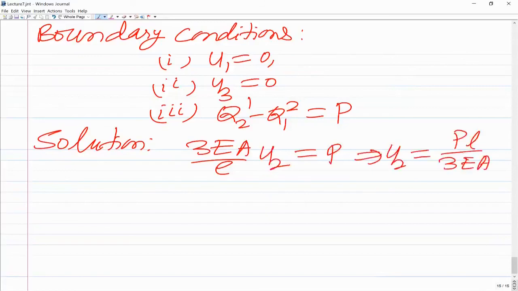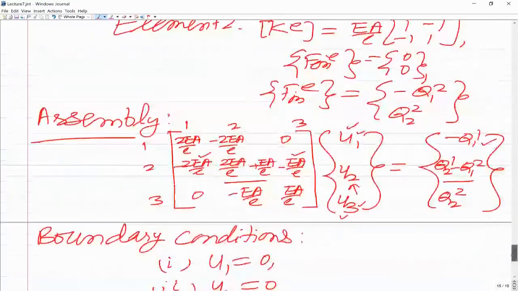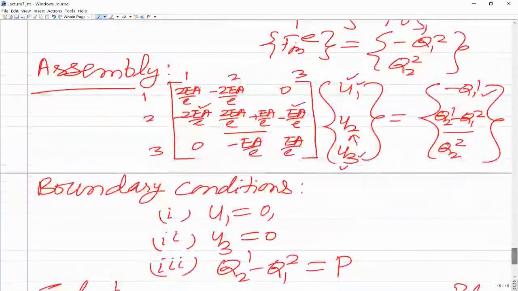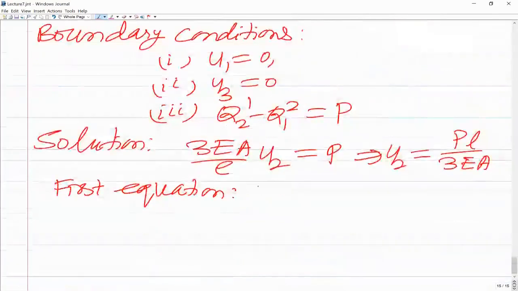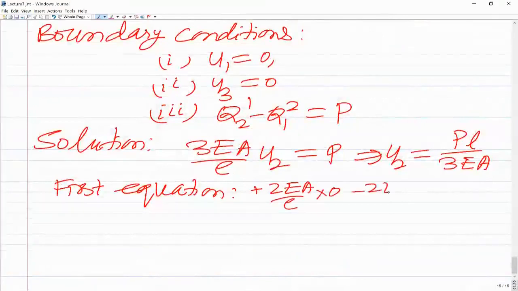And then if you look at the first equation, you can solve for q11. The first equation is 2EA by L into u1, which is 0, minus 2EA by L into u2, which we have solved for, is equal to the right hand side, which is minus q11.